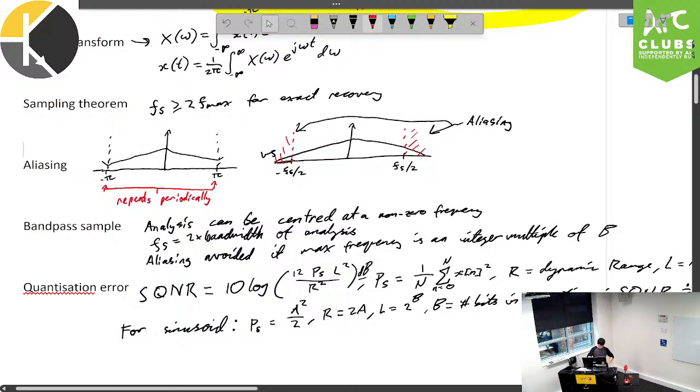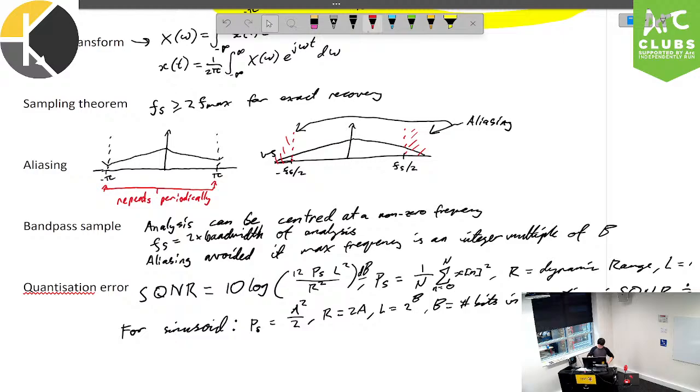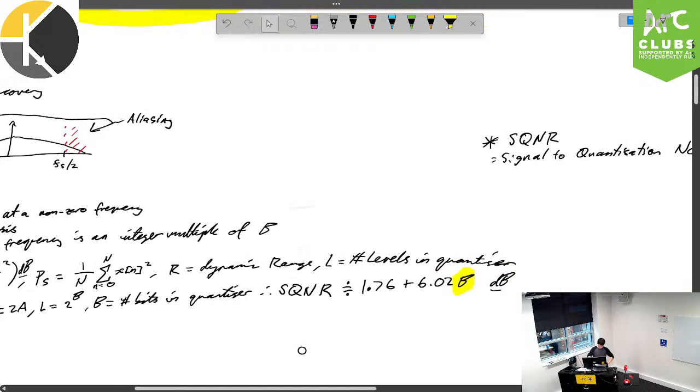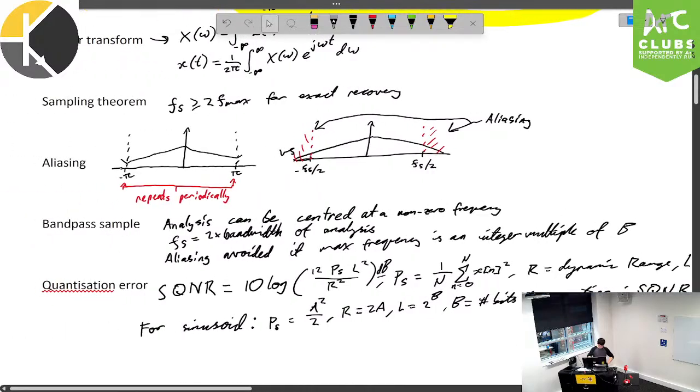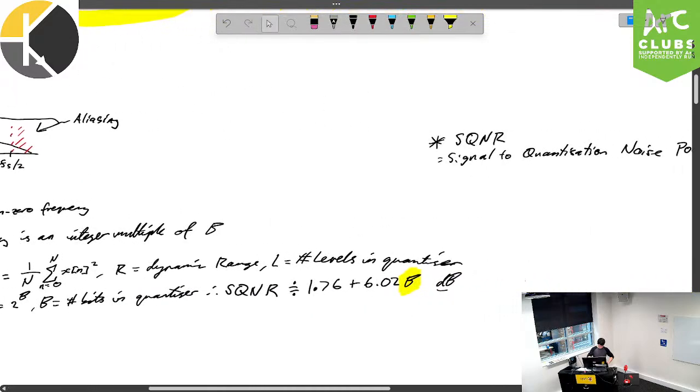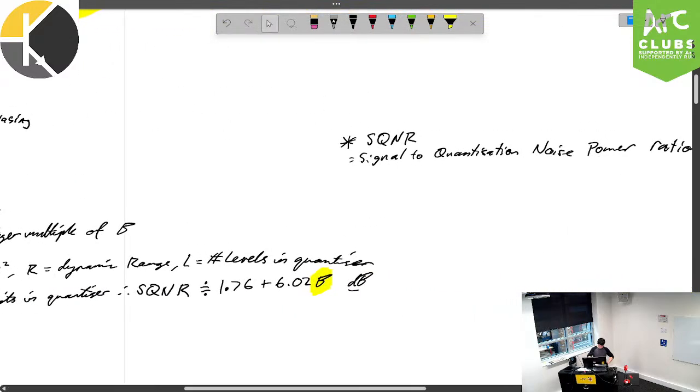Essentially, we can recenter our analysis about some non-zero frequency, given that the band that we are sampling at has fs, our sampling frequency, equal to at least 2 times its bandwidth.